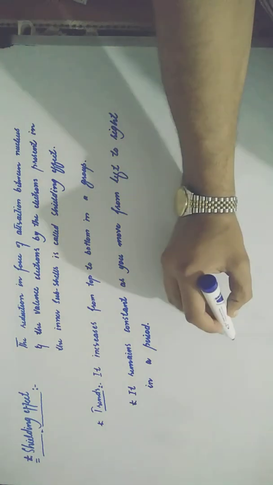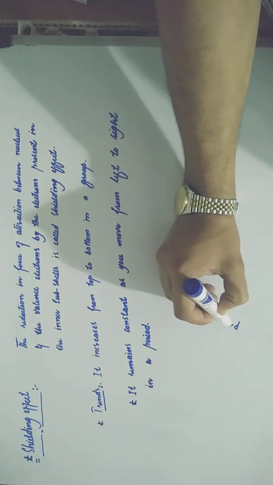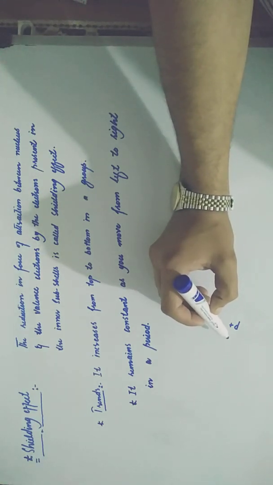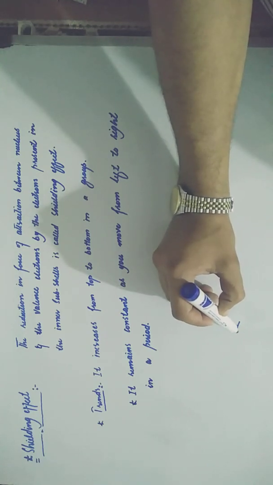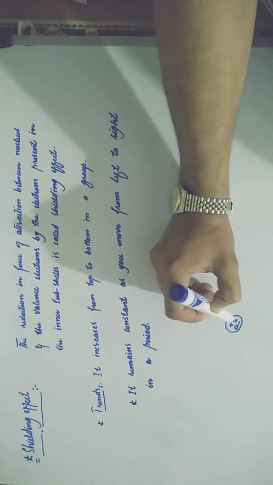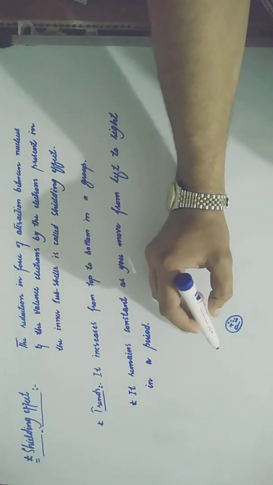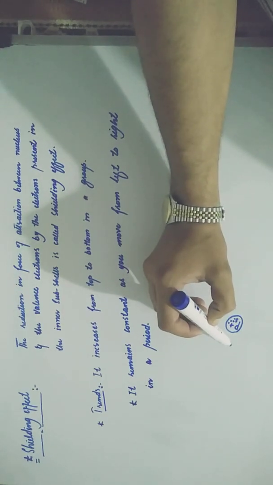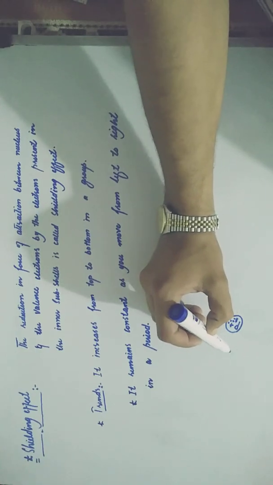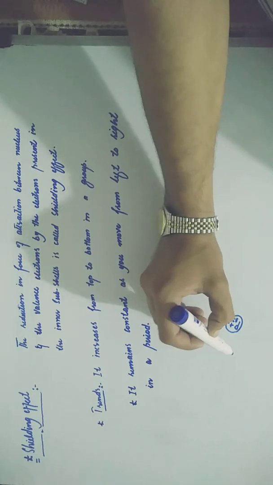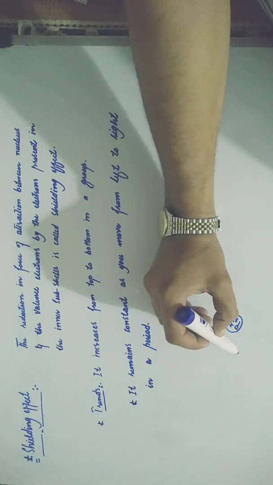As you know, this is the nucleus where you find positively charged particles called protons. So if these are protons and this is the nucleus, this is the positively charged nucleus of an atom, and the shielding effect is that phenomenon in which the force of attraction is reduced by the electrons present in the inner subshells.